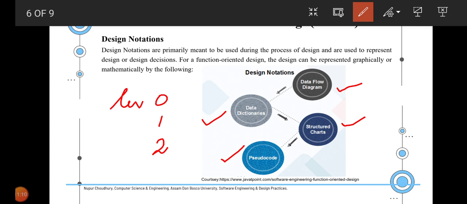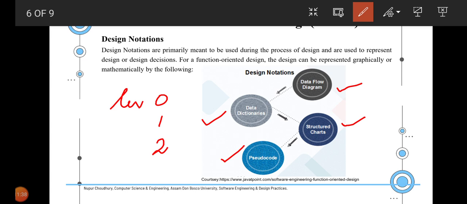Generally, it is recommended that for level 1 and level 2 diagrams, it is best if the entire system can be restricted within 7 or 8 processes. If it exceeds beyond 7 or 8 processes, we have the provision of clubbing some of the processes to form a single process. So we will look at this when we do DFD in detail.